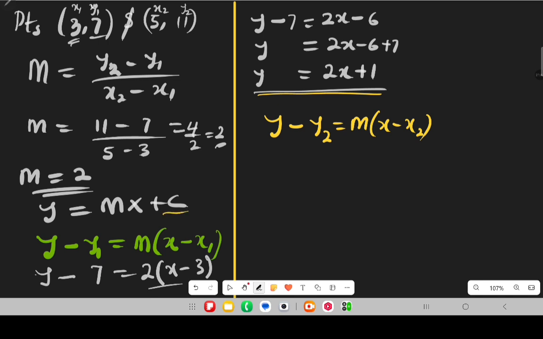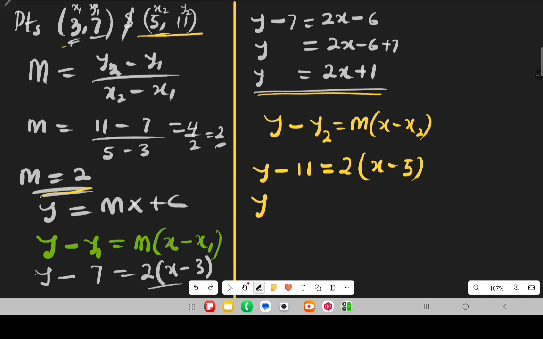Then we put the values into this equation: we have y minus y2, which is 11, equal to, in place of m, we have 2, into x minus x2, which is 5.